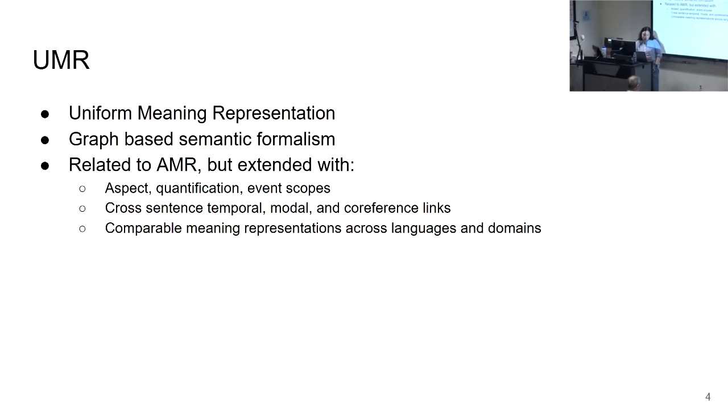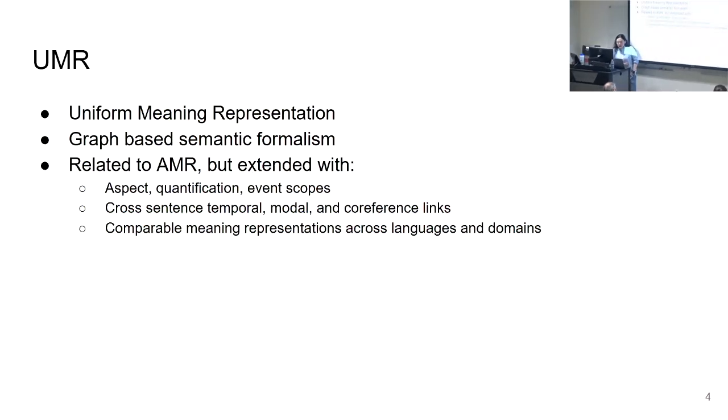It is related to AMR. We covered that in the morning, but it has been extensively extended now with aspect, quantification, and also event scopes. And more importantly, now you can represent cross-sentence relations like temporal modality and event coreference. So the ultimate goal for the UMR project is to provide comparable meaning representations across languages and domains.